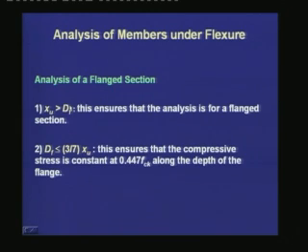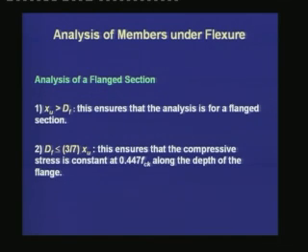This ensures that the analysis is for a flange section, which is different from that of a rectangular section. Second, we are considering that the depth of the flange is smaller than 3/7 of XU. This ensures that the compressive stress is constant at 0.447 FCK along the depth of the flange.